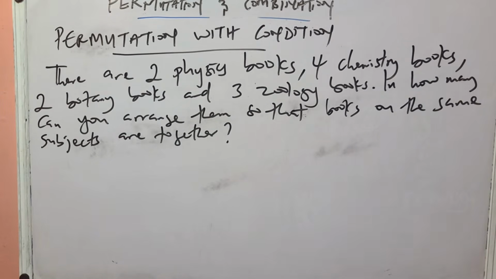Now, look at this question and look at how it was framed. This is an example where you talk about permutation with condition. Let me give you 1 minute to try to solve this. I have a very strong feeling that 95% of people in this class will actually miss this. 95%.